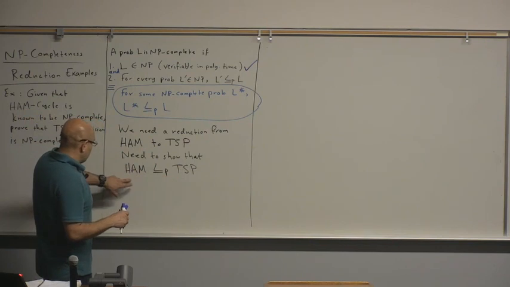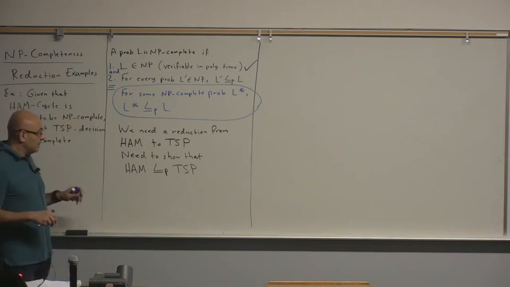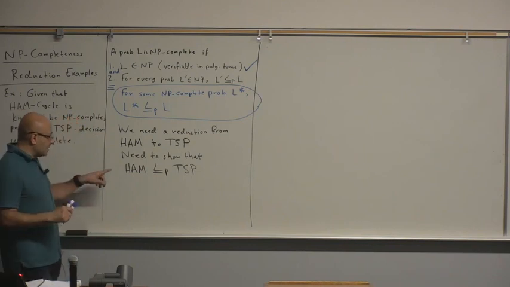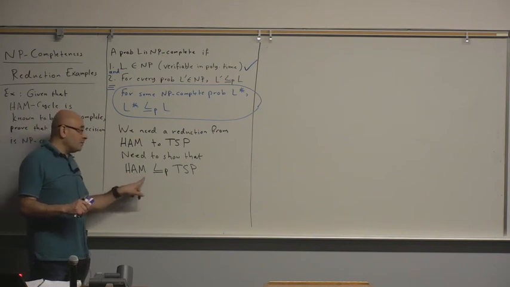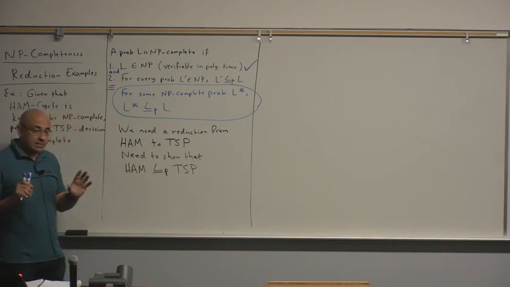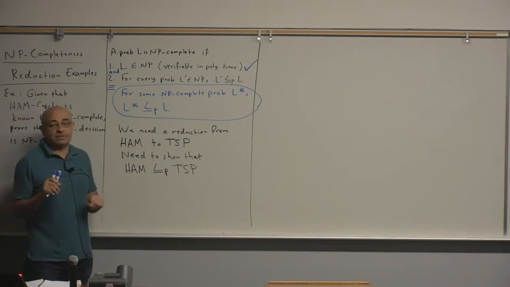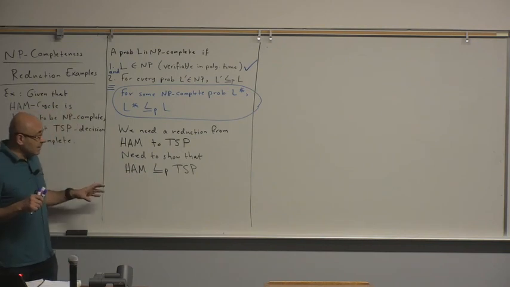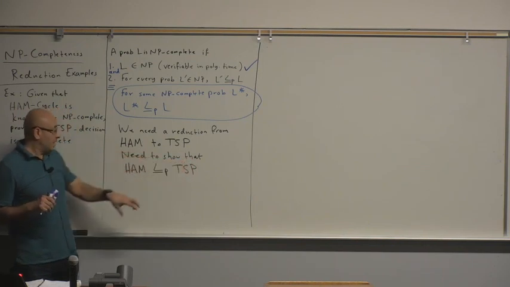This is one way of looking at it. Another way of looking at this is that any instance of Ham cycle can be reduced to an instance of TSP. This is what a reduction means: given any instance of Ham cycle, you can reduce it to an instance of TSP, which means that if you have a solver for TSP, you can use it to solve Ham cycle.